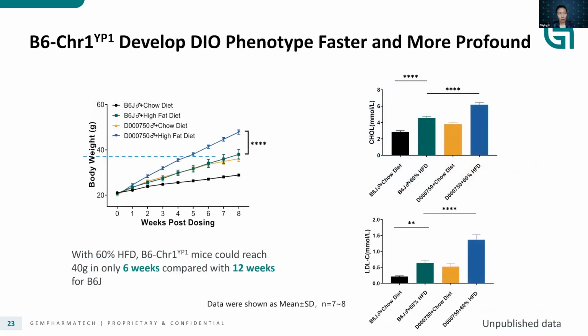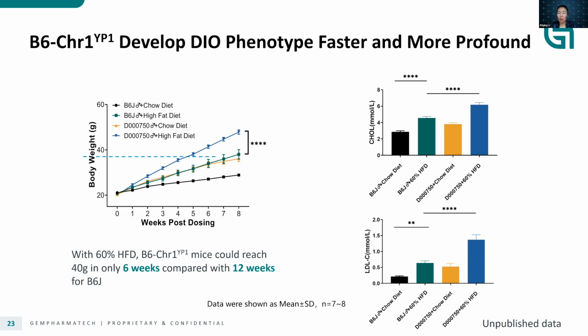So all the data I've shown you so far is when these YP1 mice are on chow diet, and they're different from B6. And there could be a difference in their environment, in what they used to eat and how much.